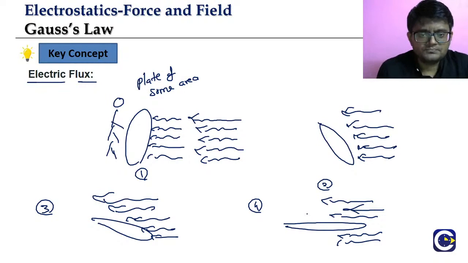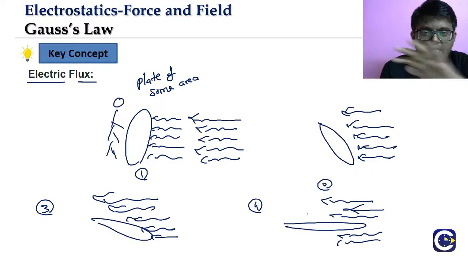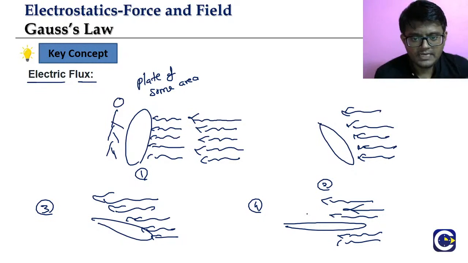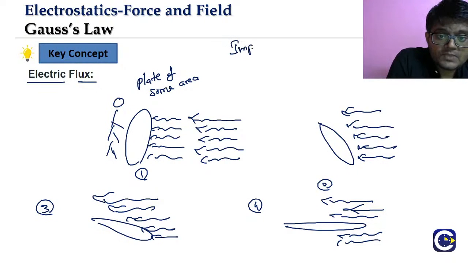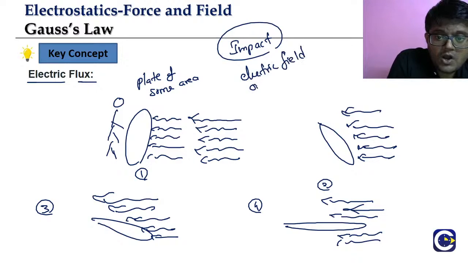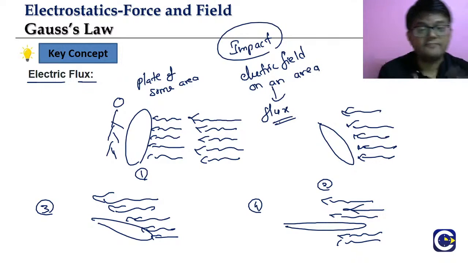Same concept: say there is an electric field going from a region, like the water flow. The impact of the electric field on an area, we will measure using the quantity flux.